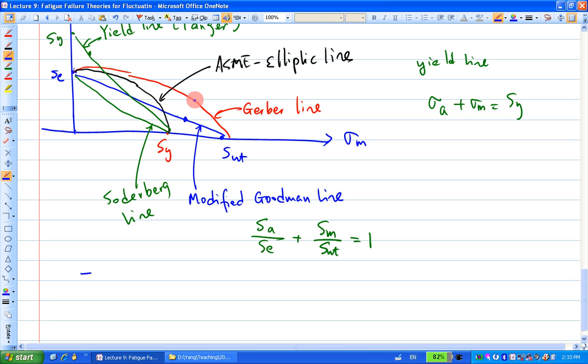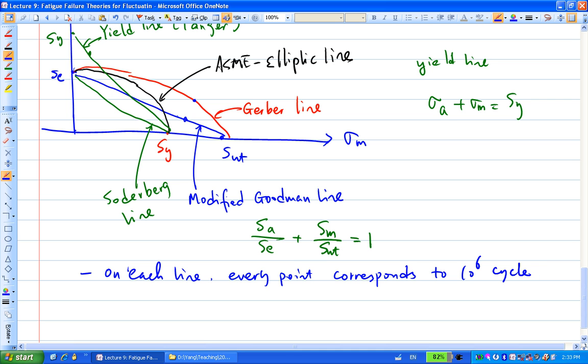If I pick a point over here, then according to the Gerber line, how many cycles will it last? 10 to the power 6, right? So that's the meaning of each criterion. On each line, every point corresponds to 10 to the power 6 cycles.